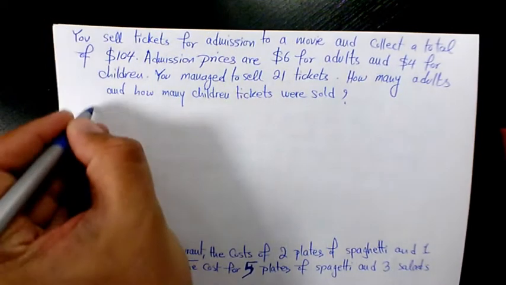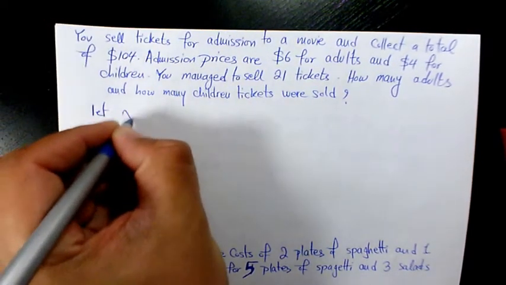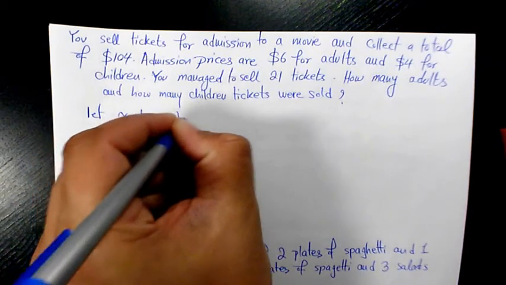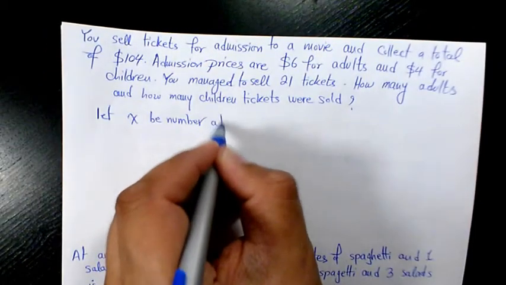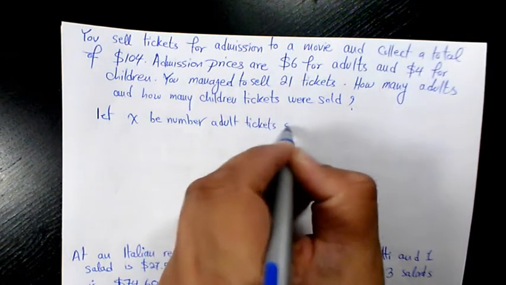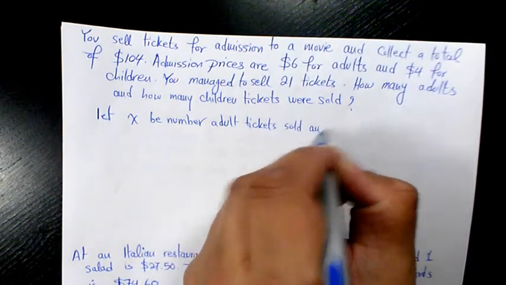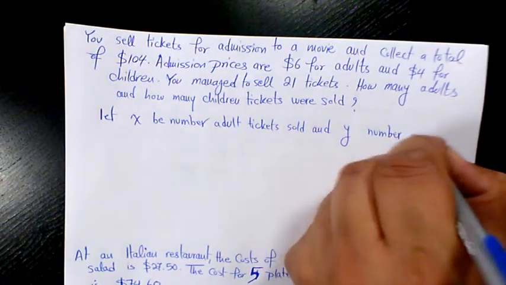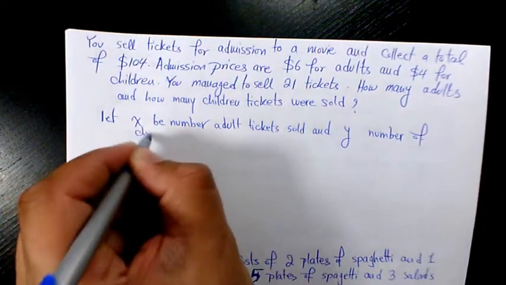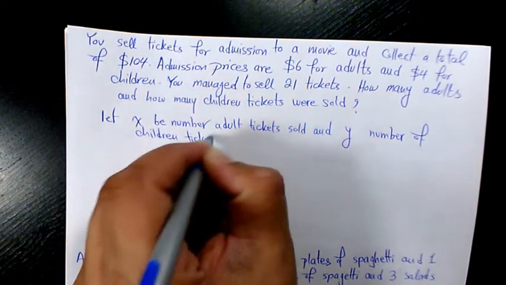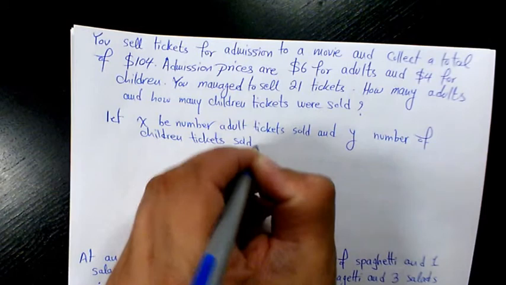So I'm gonna say let X be number of adult tickets sold and Y number of children tickets sold.